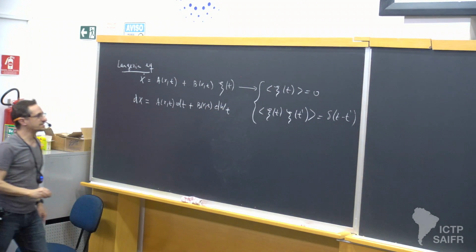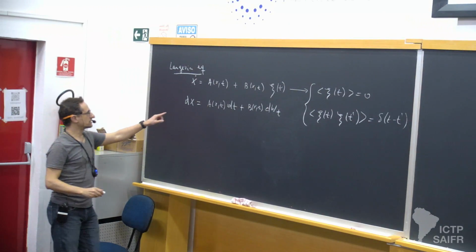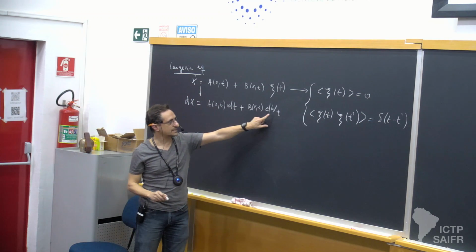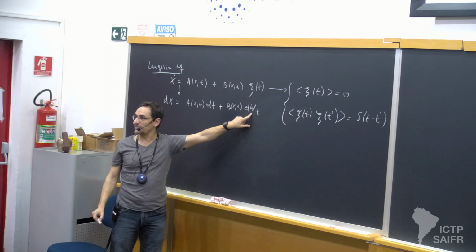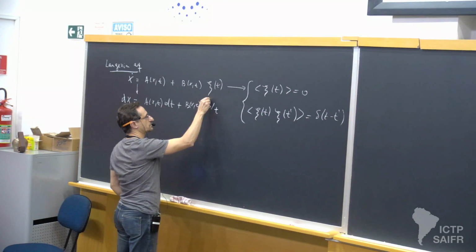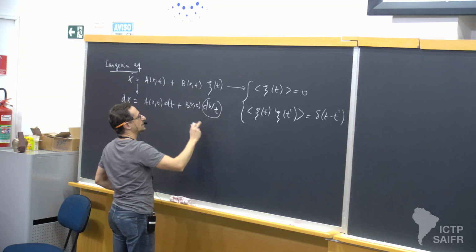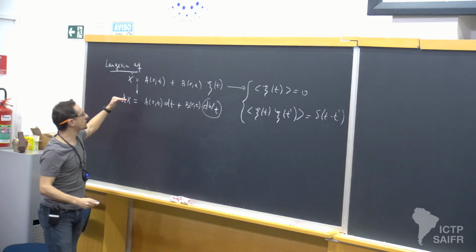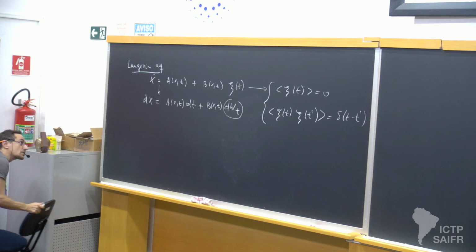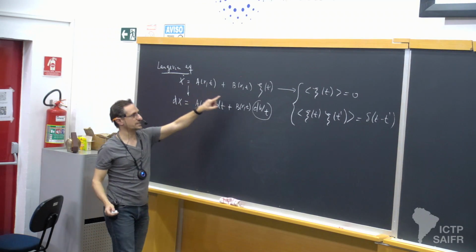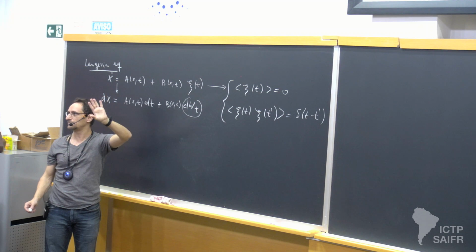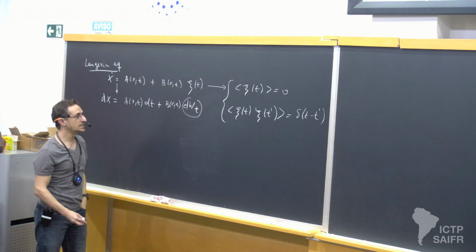If I write things this way, this is more or less straightforward, but this is a Wiener process. Going a bit slow, you can also integrate these using this definition and arrive at this one. I'm not doing that because otherwise it will take forever.